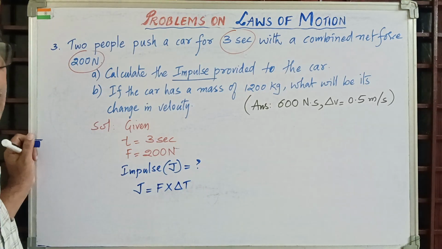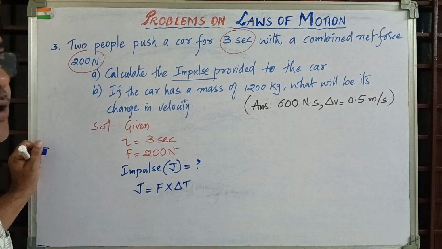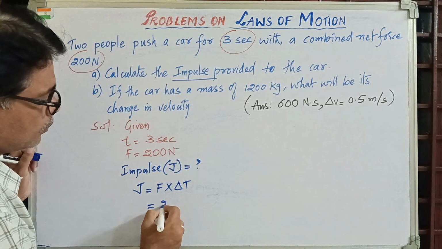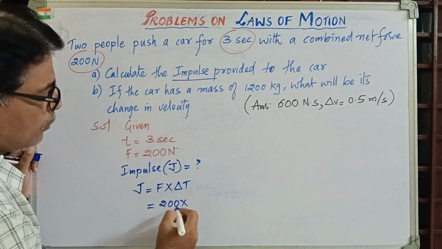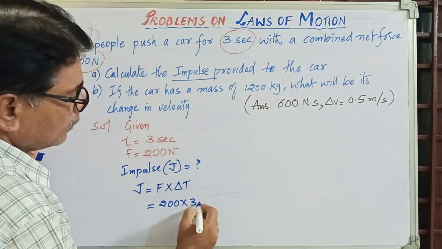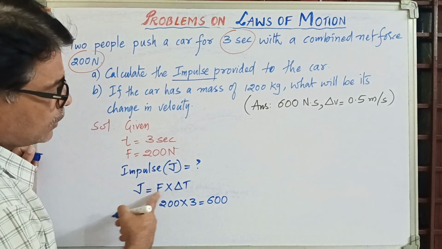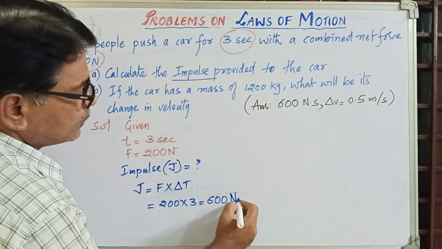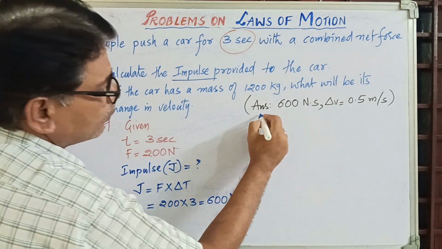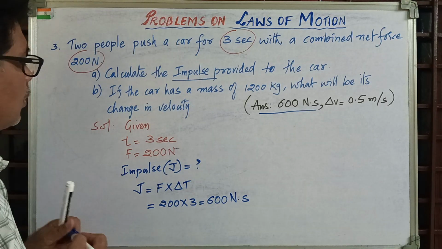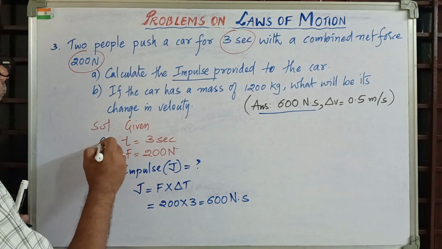This is the formula of impulse: force into change in time. Force is given, 200 Newton, so 200 into time, which is given as 3. Therefore your answer is 600. Since the unit is force and time, it is Newton second. So you can check out your answer. First part is over. This is all about 1A.